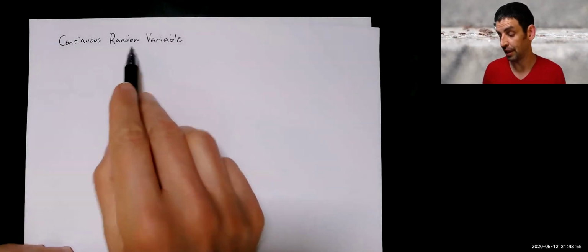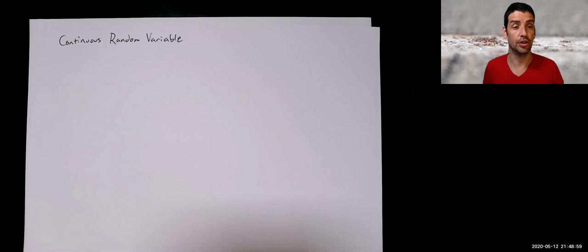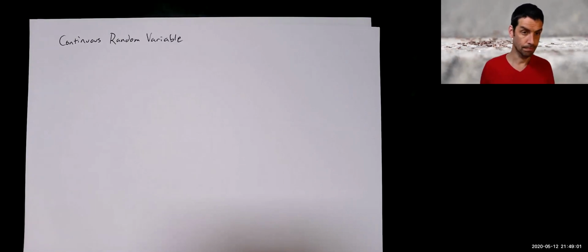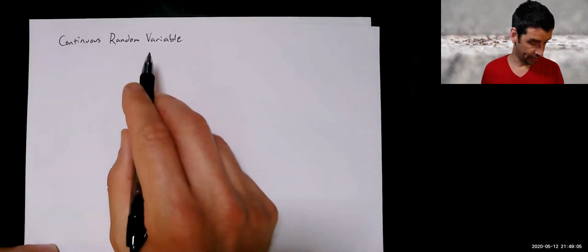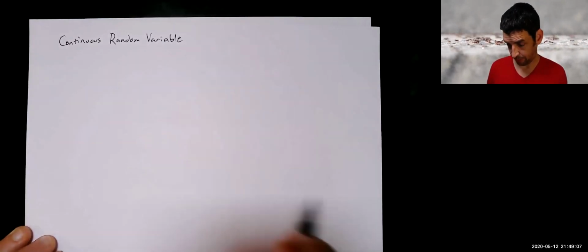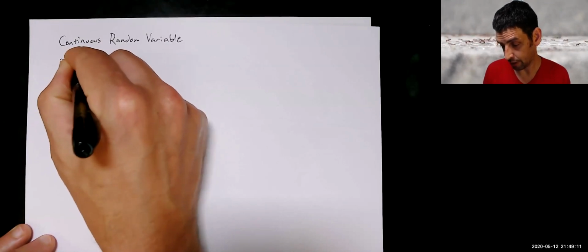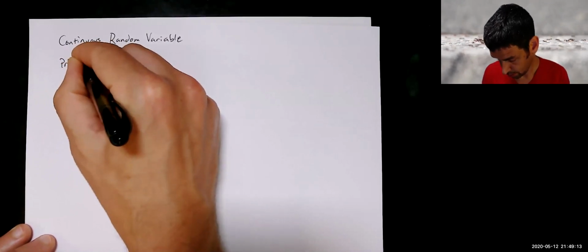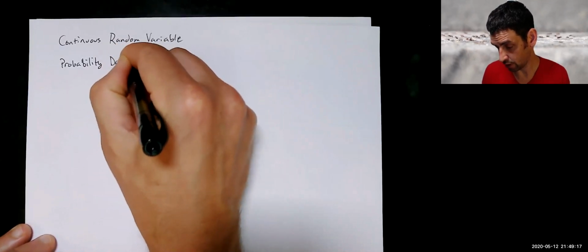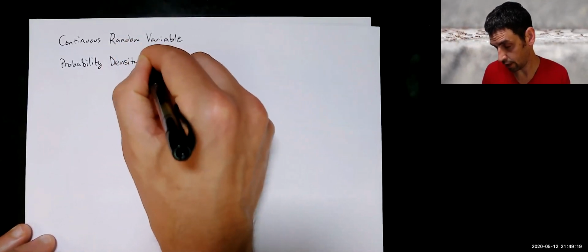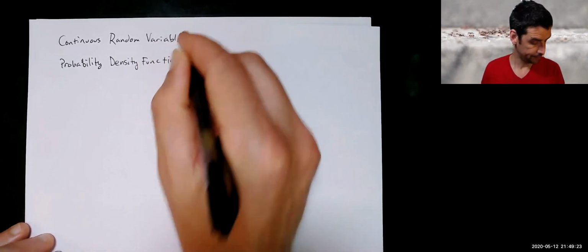A probability distribution function gives us all the possible probabilities for a random variable, okay? The way we're going to get there with these continuous random variables is first starting with a probability density function, right? Not the probability distribution function, okay?